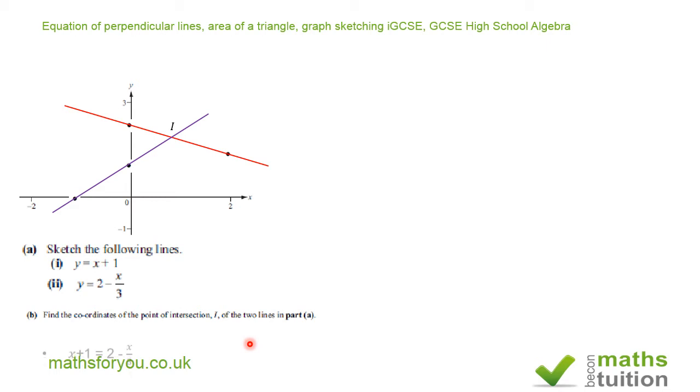So we then say x plus 1 is equal to 2 minus x over 3. If we then multiply every term by 3, we end up with 3x plus 3 is equal to 6 minus x. And when we simplify, we end up with 4x is equal to 3. And if we then divide both sides by 4, we end up with x is equal to 3 over 4.